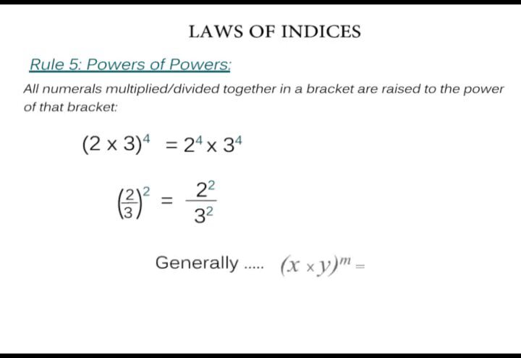Generally, x times y to power m is equal to x raised to m times y raised to m, and x over y raised to power m is equal to x raised to m over y raised to m.